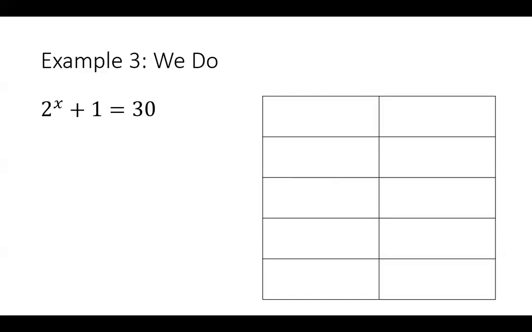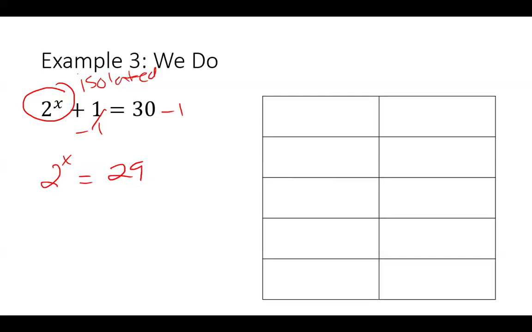Keep note that this only works if the exponential is by itself. Okay, this has to be isolated. And if it's not isolated, then you need to isolate it. Okay, so what would I need to do to get 2 to the x plus 1 equal to 30 where it's by itself? Inverse operations. Subtract 1. So we're actually looking at 2 to the x equals 29. Make sense?